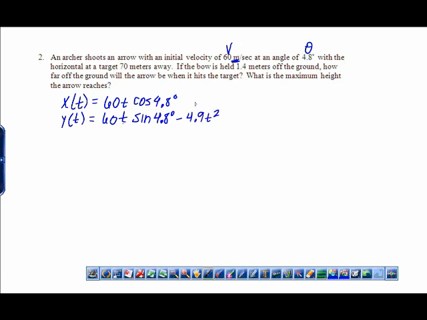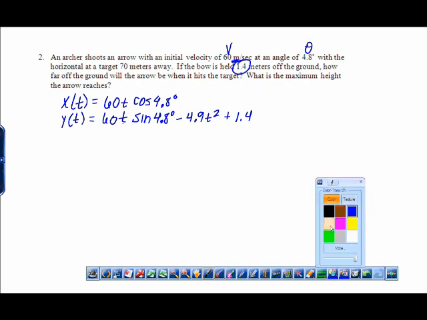If this was in feet, I would do minus 16t squared. And then I need to go ahead and add in my 1.4, which is my initial height. Then they're saying, how far off the ground will the arrow be when it hits the target?